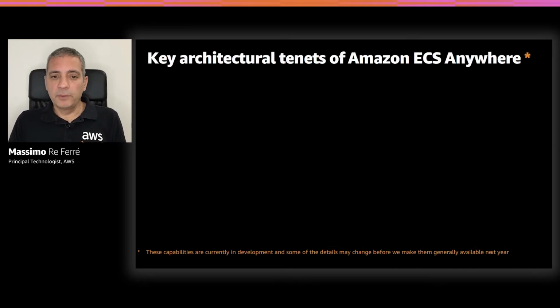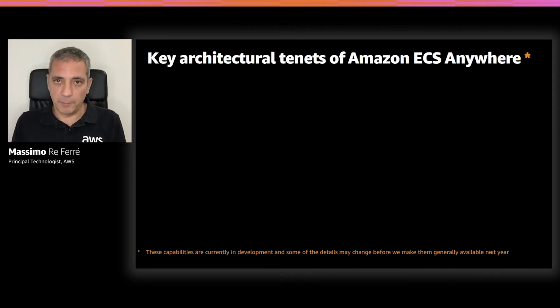So let's go through the 4 very key architectural tenets of Amazon ECS Anywhere. As you see in the footprint, this is still in development, so some of these may change, but this will give you a high-level understanding of how we're thinking about building ECS Anywhere.